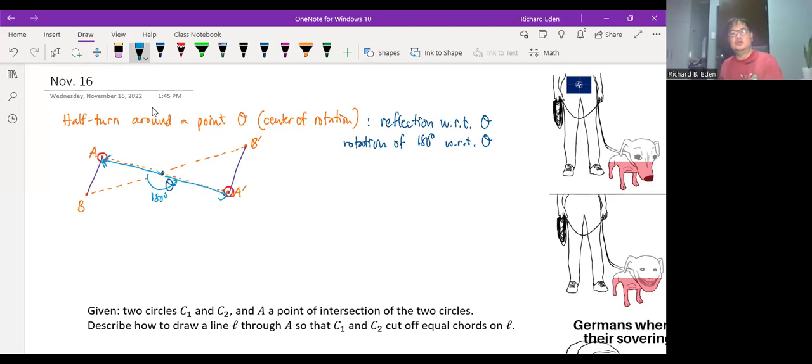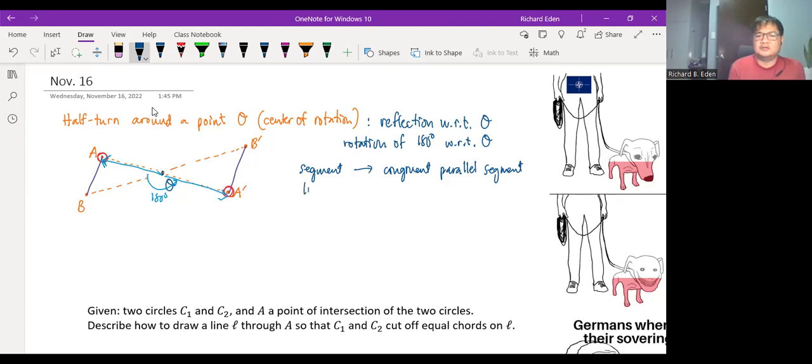So the ray OA, the image under the half turn is ray OA prime. So when we do a half turn, a segment is brought to a congruent parallel segment.